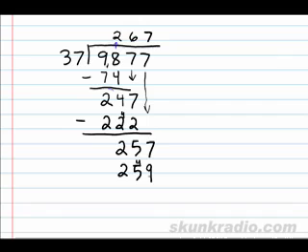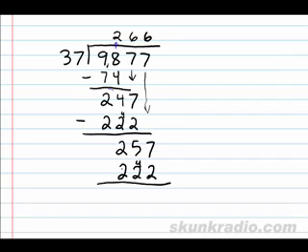This 259 is greater than 257. Let me get my eraser out and erase this guy here. Okay, try again. 6. Let me repeat the process. 6 times 7 is 42. Carry the 4. 6 times 3 is 18, plus 4 is 22.